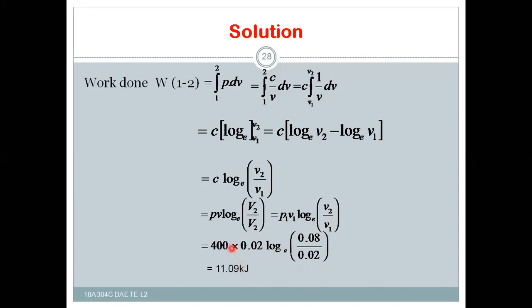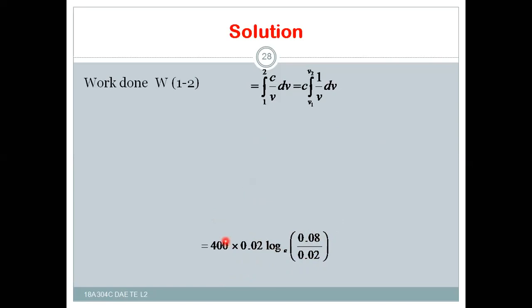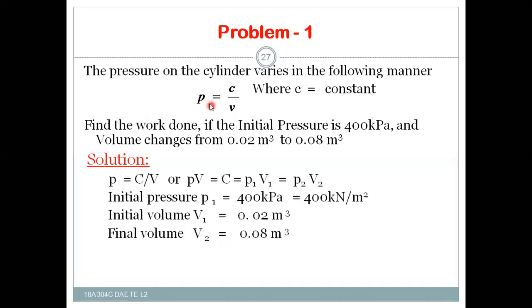So let us see this problem once again. Here the pressure is equal to constant by volume. If you bring it to this side, PV is equal to constant, that is P1 V1 is equal to P2 V2. Also, W1 to 2 is equal to integral of 1 to 2 of P dV.